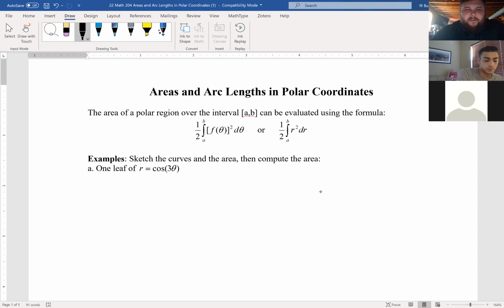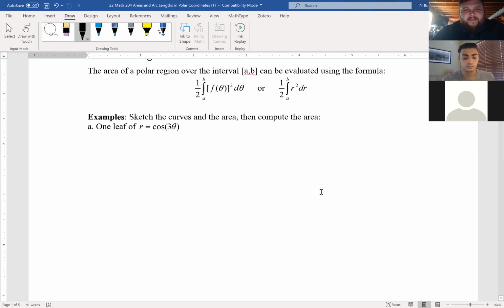So first, let's go ahead and sketch one of these curves because they're definitely interesting before we even attempt to discuss what the integral looks like. So notice it says sketch the curve, then compute the area. So it says that the curve here is r equals cosine 3 theta. So again, I'm going to do this on the calculator, and then I'm going to go to Mathematica because it's going to do it really nicely for us.